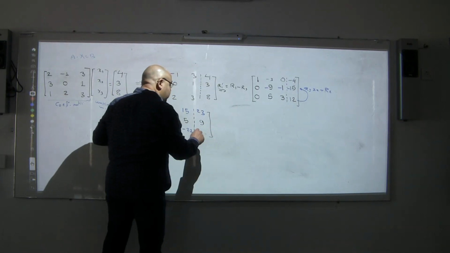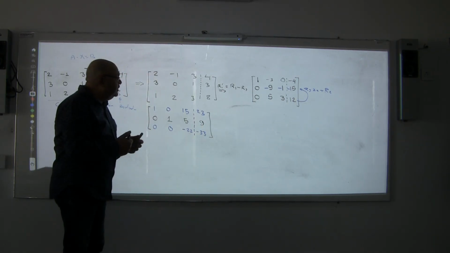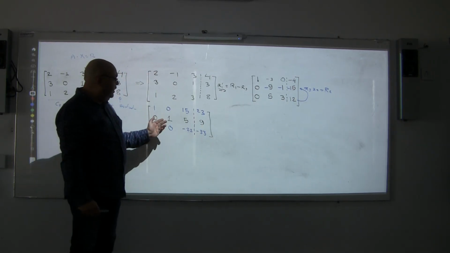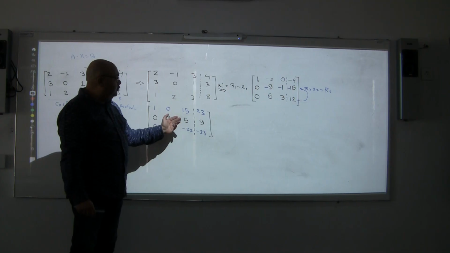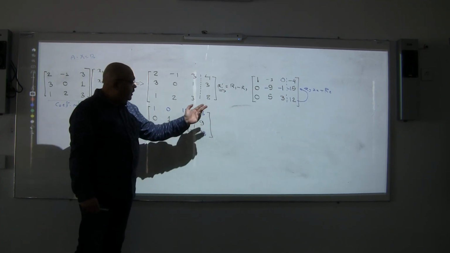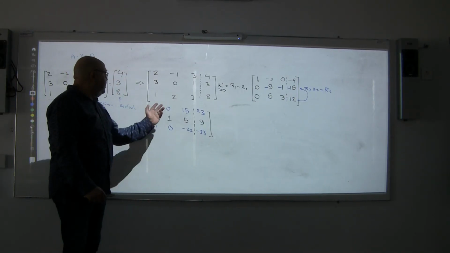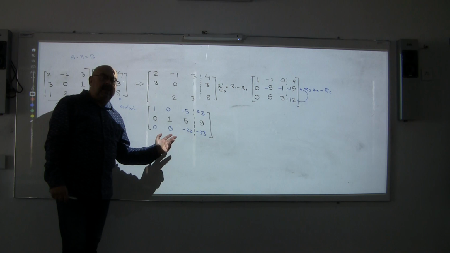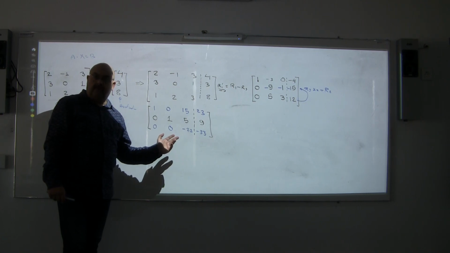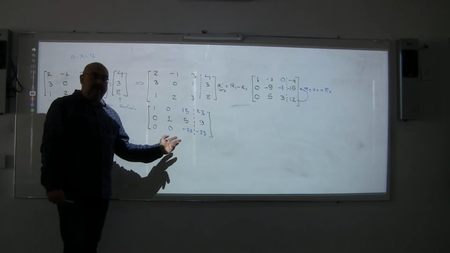Plus 12, so it's going to come up to negative 33. Let me check the signs again. I'm multiplying by negative 5, so it's going to be negative 25 plus 3. It's going to be negative 5 times 9 is negative 45 plus 12, so it's going to come up to negative 33. If you remark, I've succeeded in adjusting the second row. I'm sorry, the second column. I will go to the third one to hunt the third column.